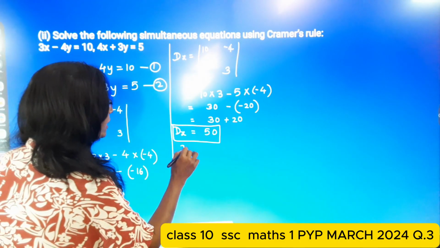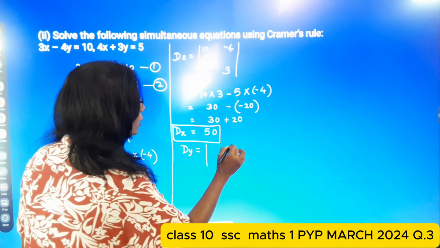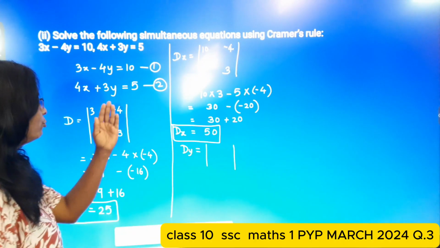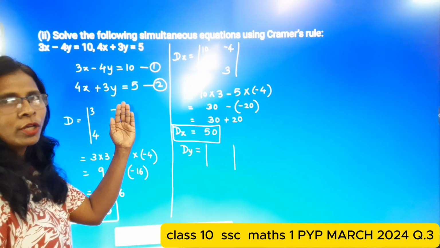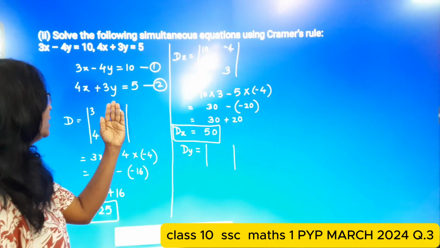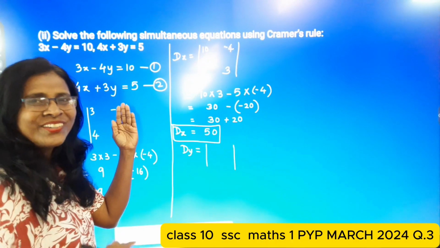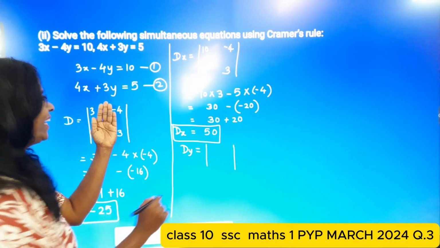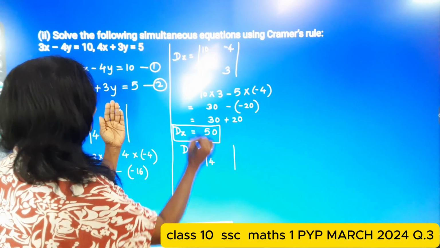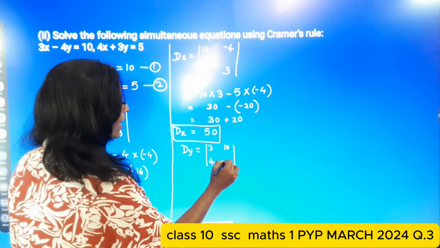Now calculate D of y. To calculate D of y, we have to hide the coefficient of y, students. Then here 3, 4, and we place the 10, 5 as the constants.